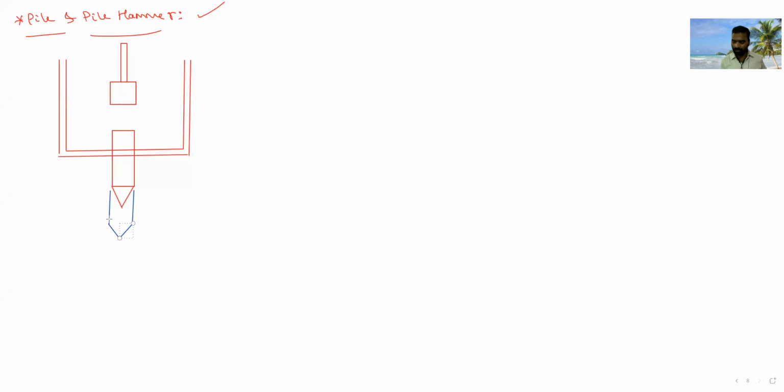There is hammering. This is small w, this is capital W. Pile, hammer, this is pile. Okay, stop talking first.